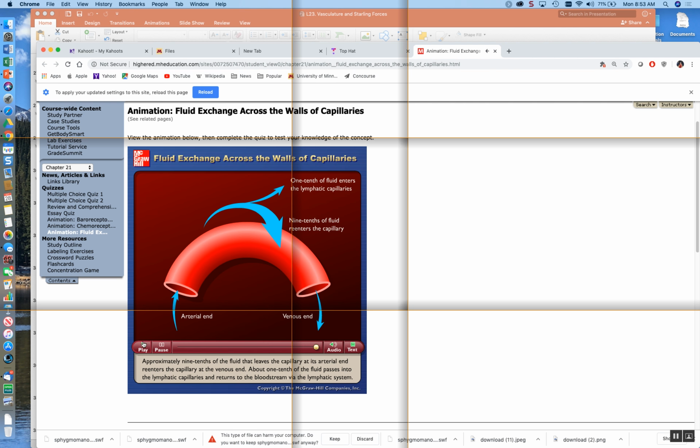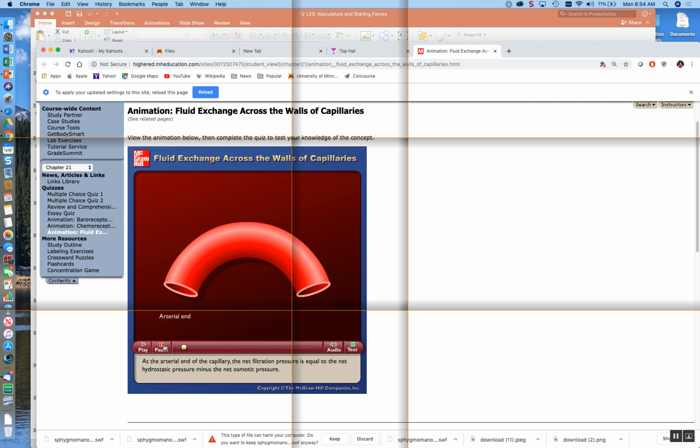All right, pretty much just that, at the arterial end of the capillary. When you calculate net filtration pressure, I'm either going to give you the net pressure, which means the hydrostatic pressure has already been subtracted out. That is, the hydrostatic pressure in the capillaries minus the hydrostatic pressure in the interstitial fluid has already been subtracted.